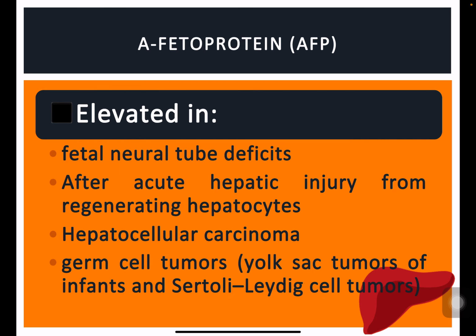So alpha fetoprotein is elevated in the following diseases: in fetal neural tube defects, after acute hepatic injury from regenerating hepatocytes, hepatocellular carcinoma, and germ cell tumors such as yolk sac tumors of infants and your Sertoli Leydig cell tumors.